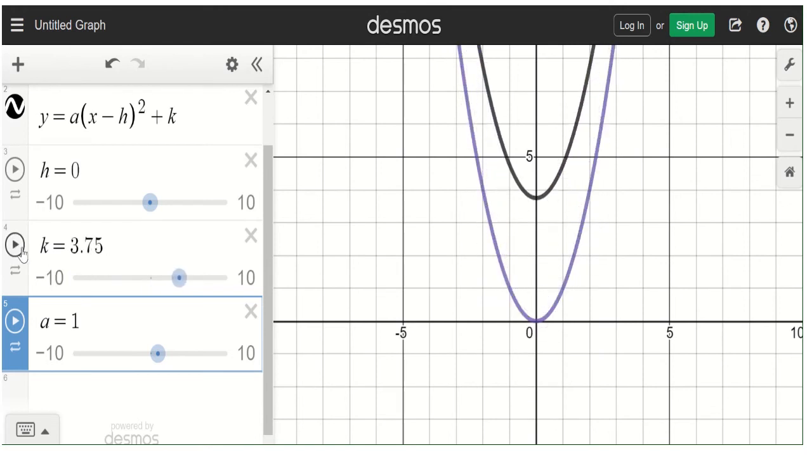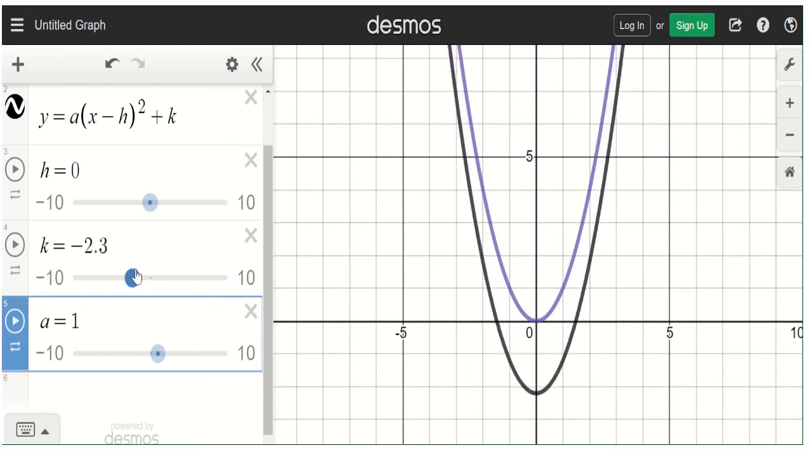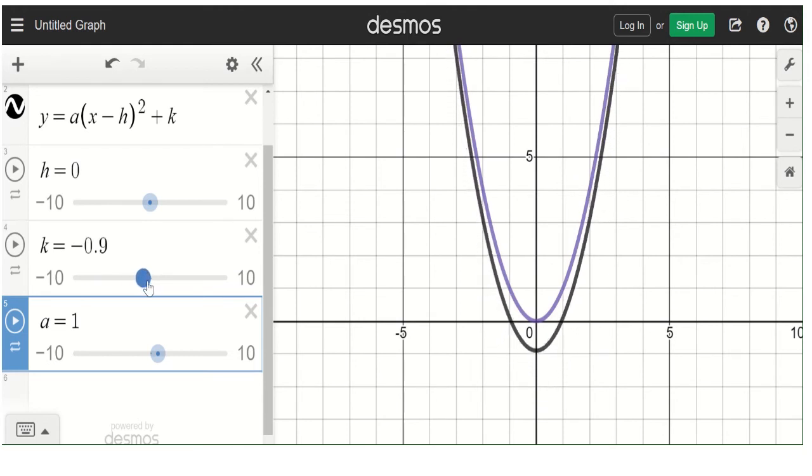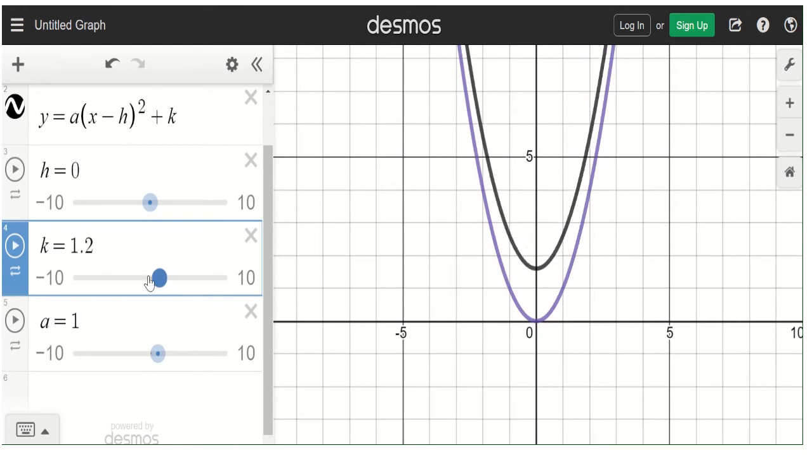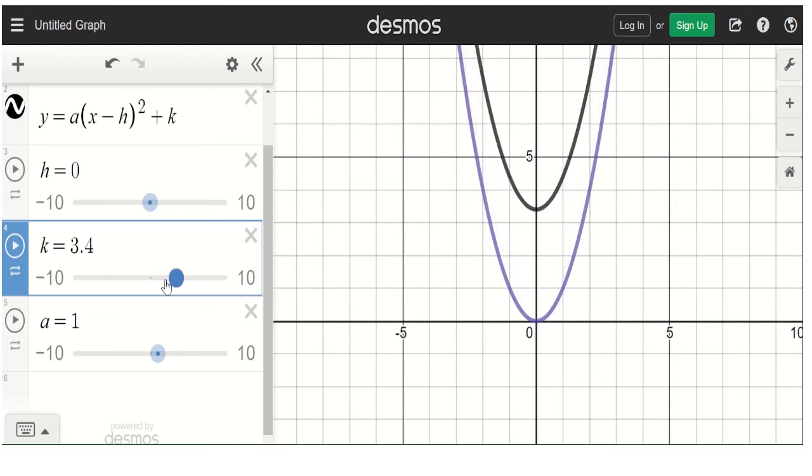Let's hit pause. So when k is 0, it's right on top of my normal one. And then as soon as I start going up, positive k values, my graph moves up.